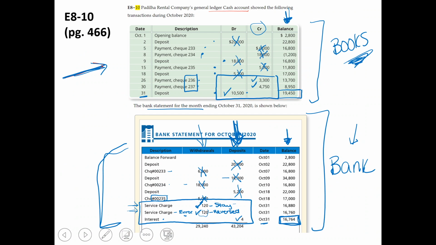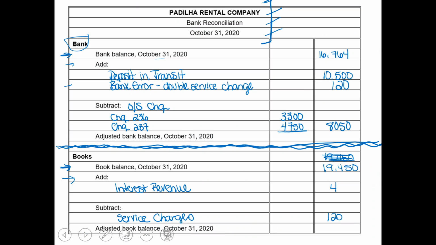Okay, so we've gone through, we've got a little check mark, we've dealt with all of our reconciling items, so now we can put in our totals. So if we're on the bank side, we can have this subtotal here. It's good just so that you remember to start subtracting. So 16,764 plus 10,500 plus 120 is 27,384.